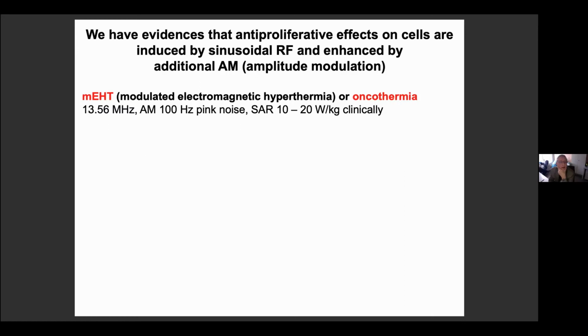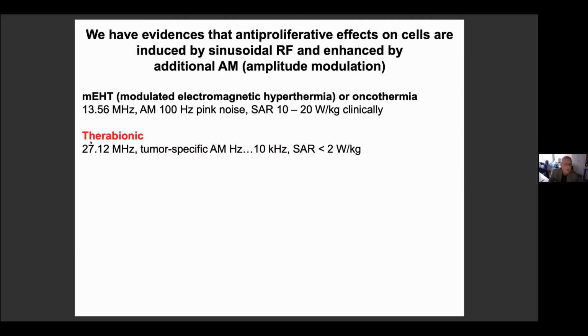It works at 13 megahertz and the amplitude modulation is at 100 hertz with a pink noise decrease. And the SAR, the specific absorption rate, is quite low for clinical application, in the range of 10 to 20 watt per kilogram.